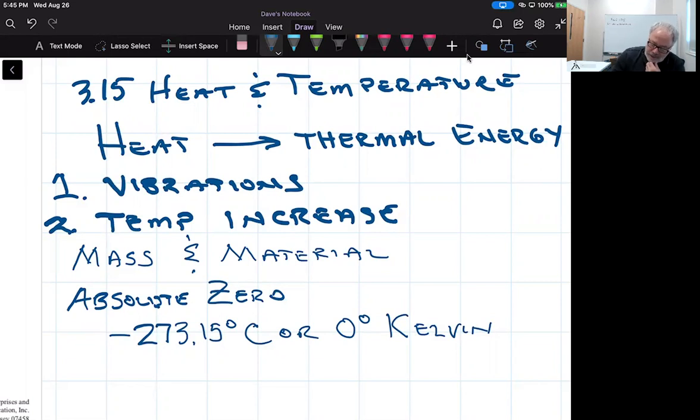Vibrations increase, temperature increases. And we can quantify this. It's a little bit outside the realm of the electrical guy, but it's still a very important topic to consider when we're talking about electrical machines.